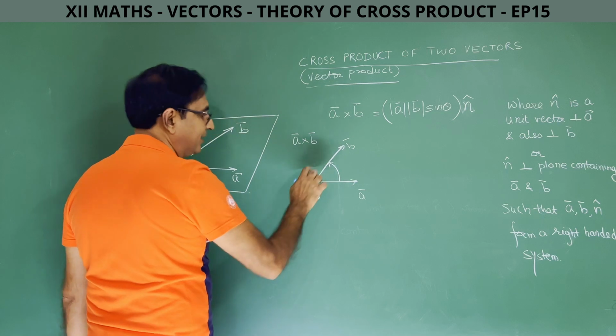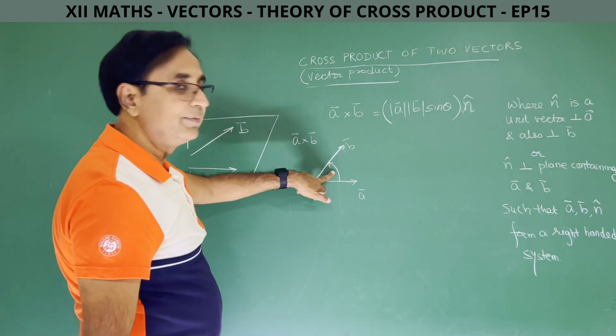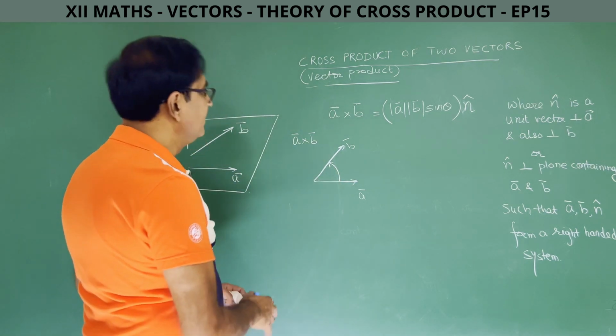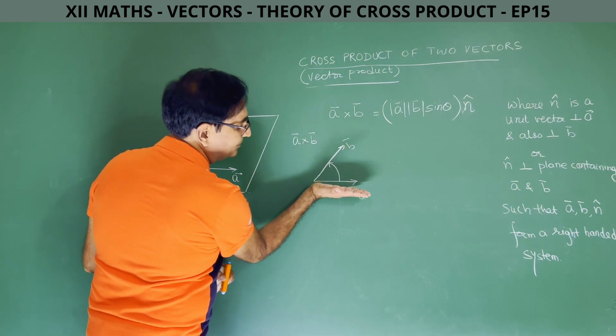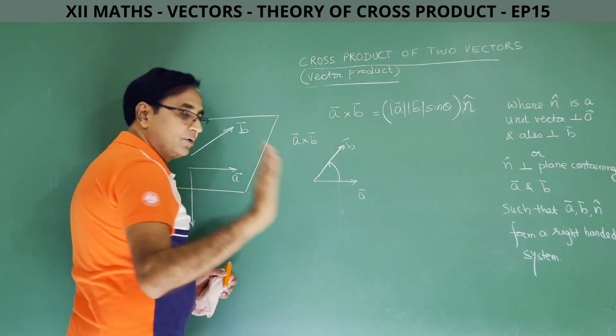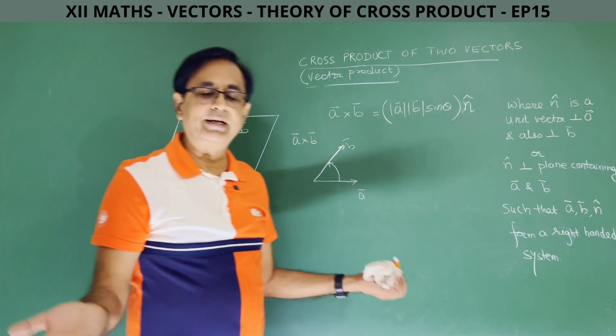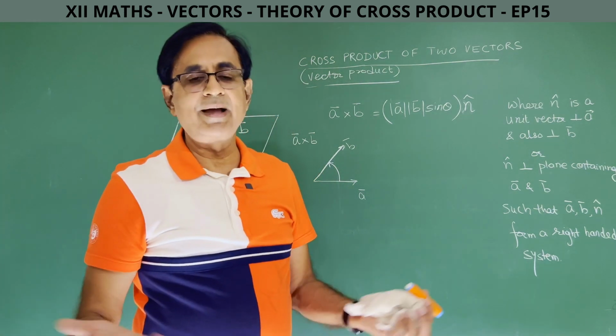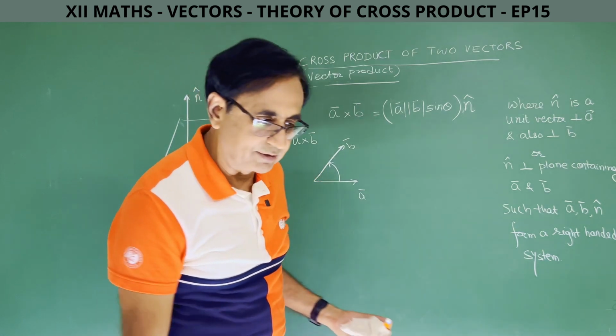So you have to move in that region only where the angle between the vectors is. Alright, now you can keep your hand at A, right hand, that's why I call it a right-handed system. But what I am explaining now is just for theoretical interest. In 12th maths, no numerical will be using this information.